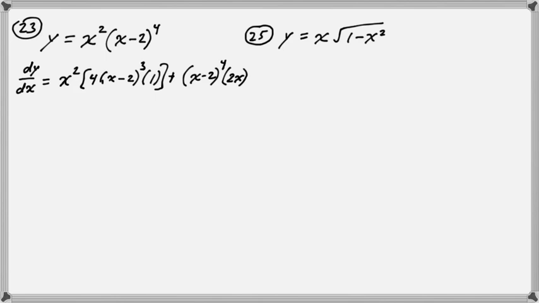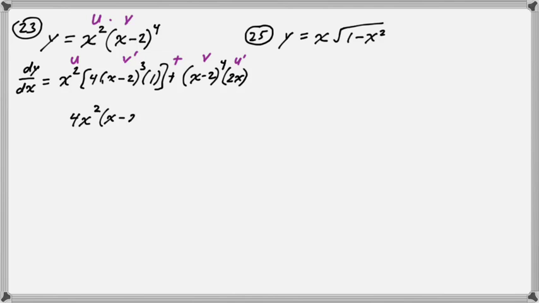So what did I do here? I did a product rule. u times v. Its derivative is u v prime plus v u prime. Now let's rewrite this. 4x squared times (x minus 2) to the 3rd.